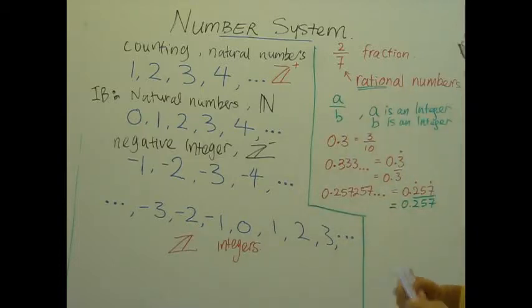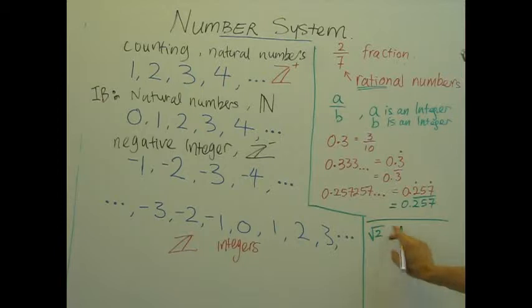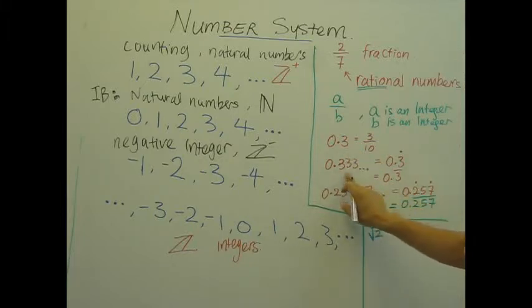They are called irrational. For example, square root of 2 is irrational. What it means is that the decimal expansion at the end does not repeat itself, and it doesn't end at a particular value, like 0.3 here. It ends at a particular value. This is repeating by itself.